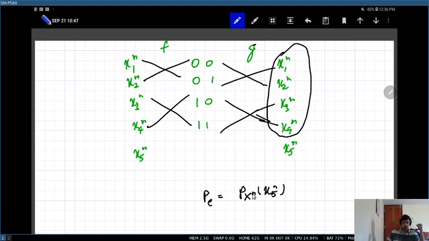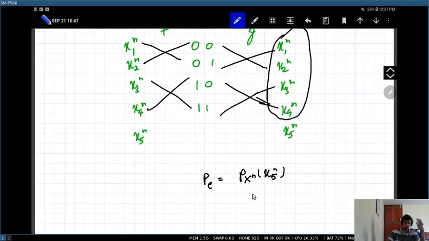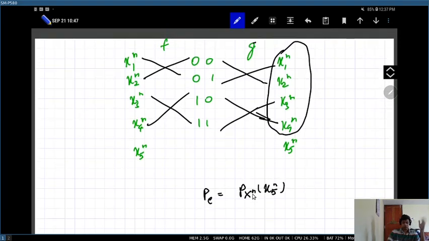So if I choose the range to be x2, x3, x4, x5, then I can map these four binary sequences to x2, x3, x4, x5 in any manner I want, as long as it's a one-to-one map, right? So G has to be one-to-one, and F has to satisfy this property that if G of ck is xn, then f of xn should be equal to ck, right?